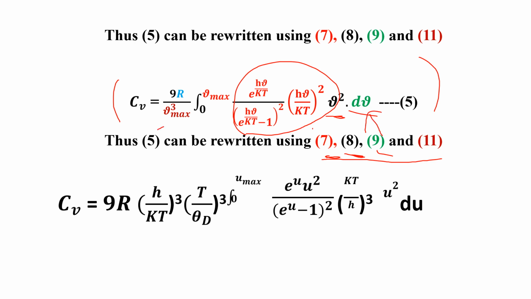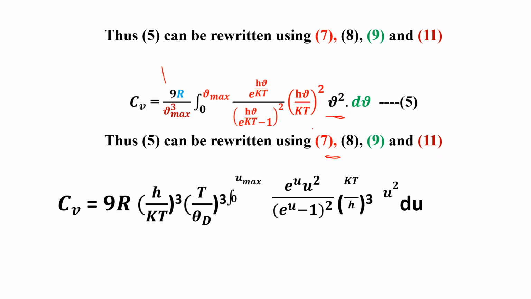And for 1 by nu max cube, you can substitute from equation 11. You can go through those equations and easily find the values and substitute the respective values. When you substitute, you will get the terms as such, and after substitution you are getting the values as shown.